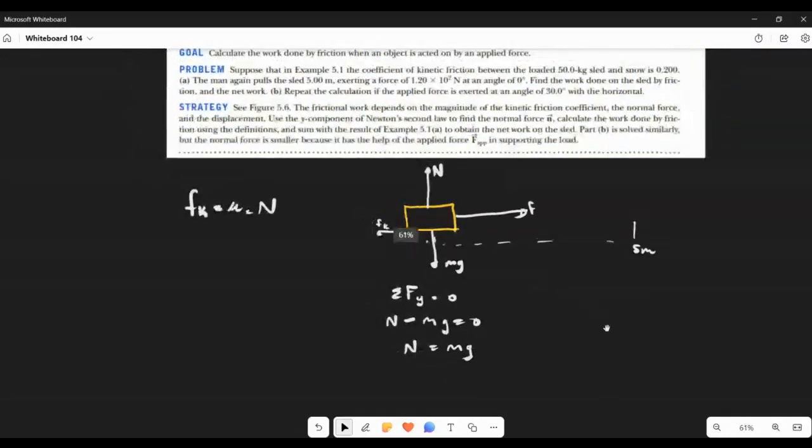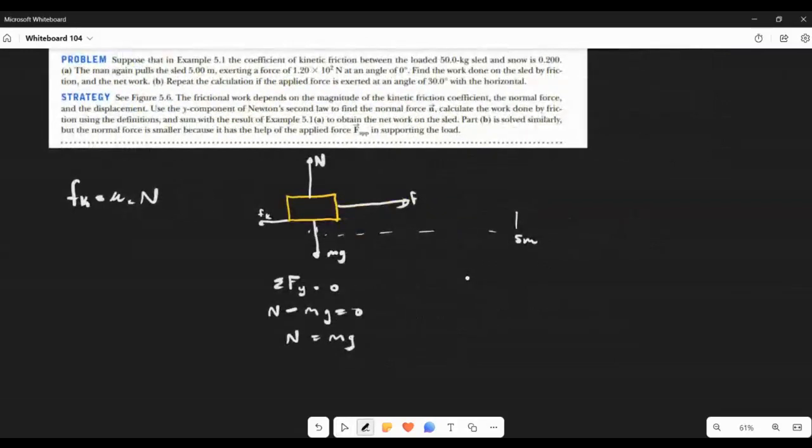Then we check the force in the x direction for the work. Let's go straight to the point. Work equals force, or F net, times change in x. In this case, it's 120, right?